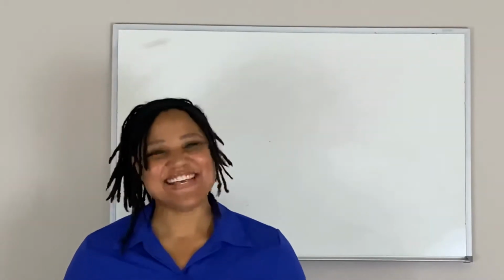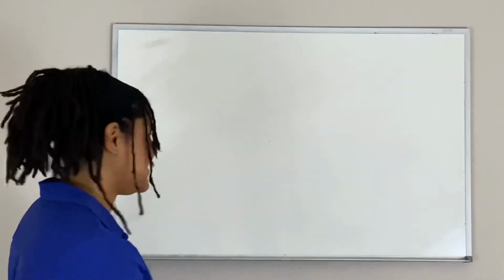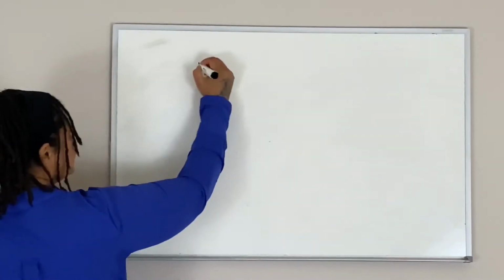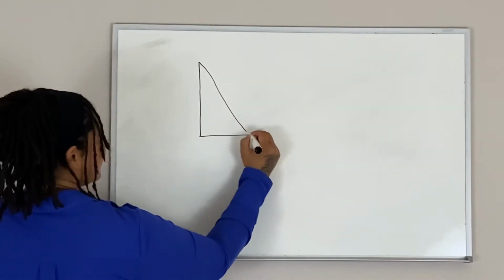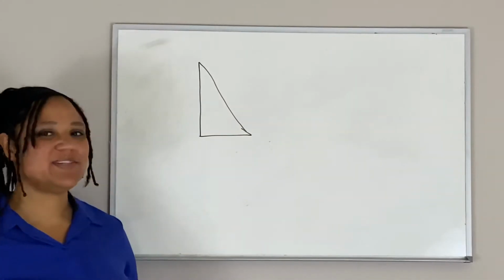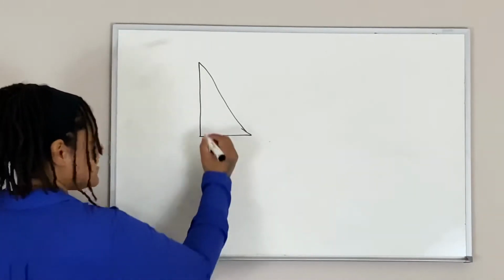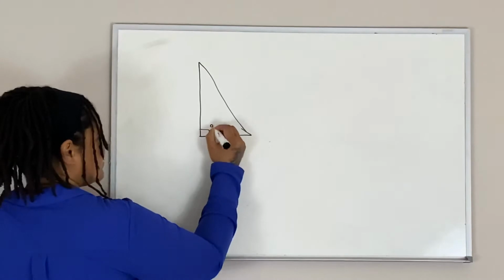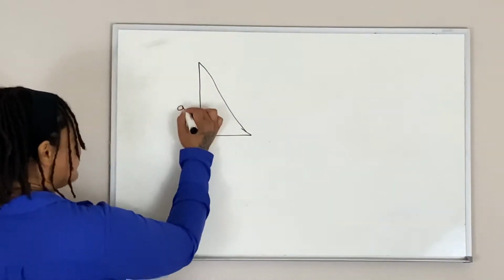Does that sound easy enough? Let's look at another example. So I give you a triangle. And we're going to let this angle be 90 degrees. So we have a 90-degree angle. And I'm going to go ahead and label the sides.